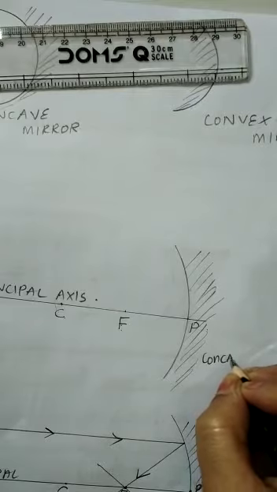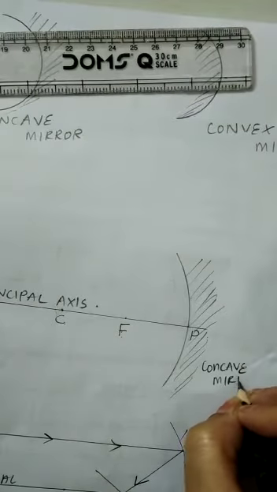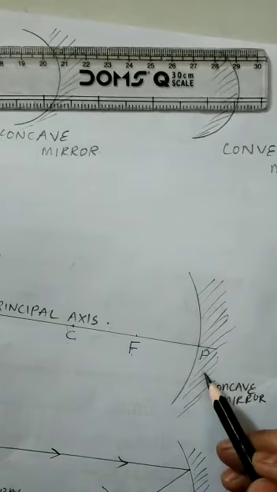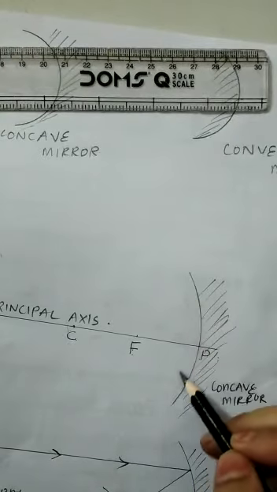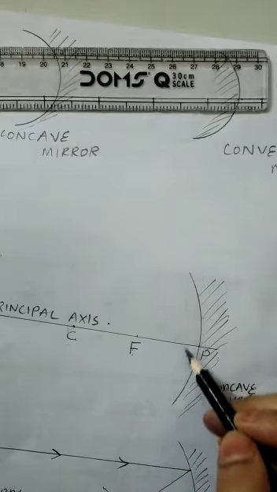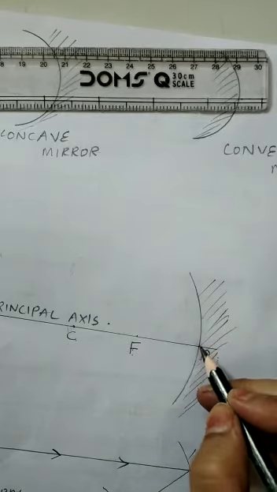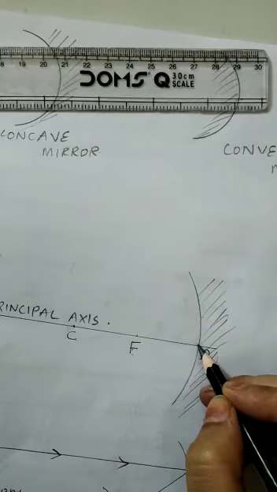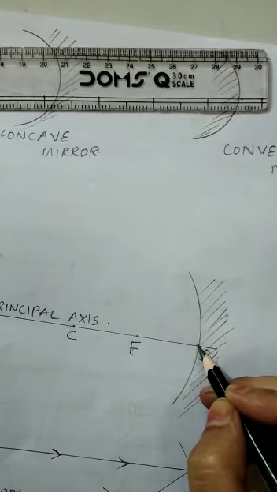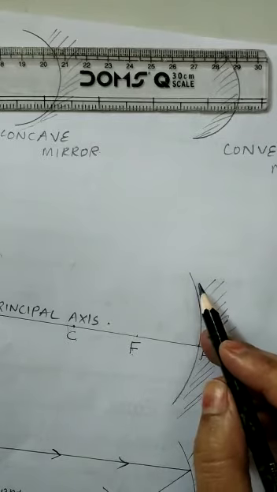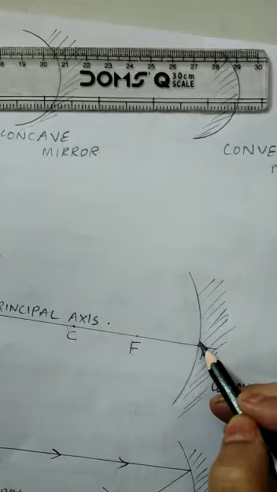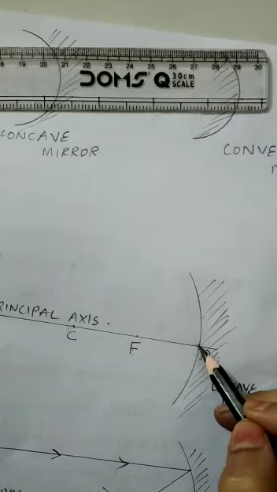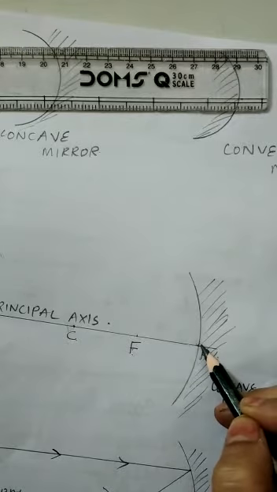So I have drawn a part of the concave mirror, correct? The coating was on this side, and the inside part is the reflecting surface. If you take the center of this part of the reflecting surface of the concave mirror, then that point is called the pole.